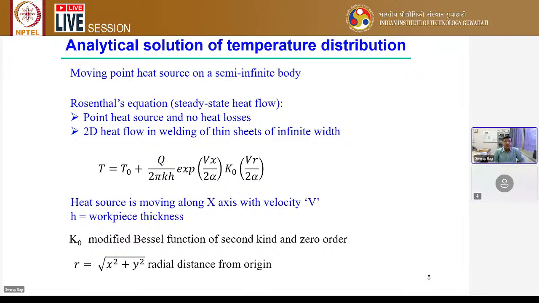In this situation, we get this two-dimensional heat flow equation. One term in this equation is the welding velocity, so the temperature distribution can vary for different welding velocities. That is one important solution we can utilize to understand the temperature distribution in the welding process.